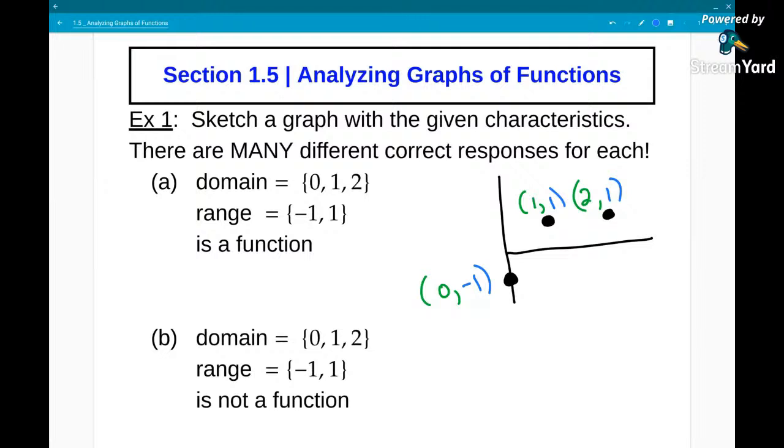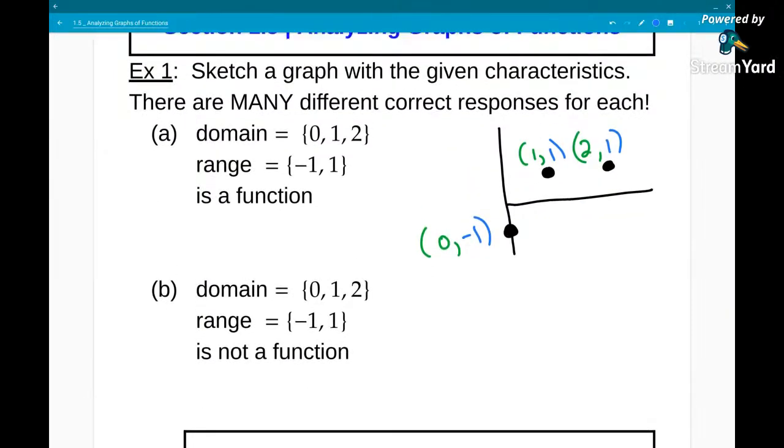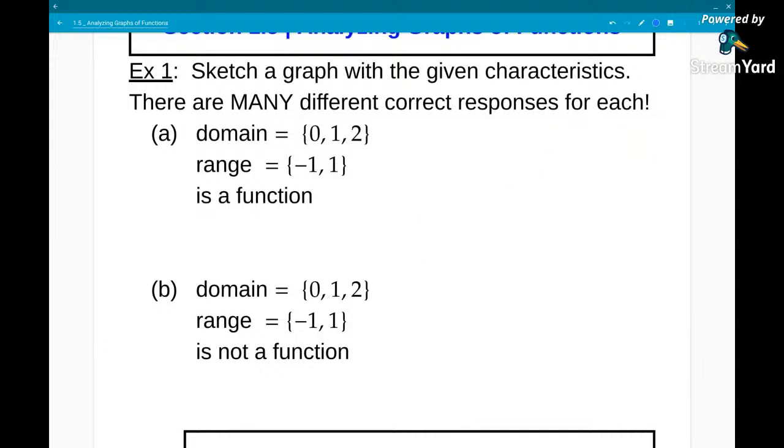Great. How could I tweak this in part B so that this is not a function? There's many things you could do, all right? But one of them, all right, so let's go back here and think, all right, I want this not to be a function. And again, there's many, many things you can do. So when I input 0, I can make it fail to be a function right now.